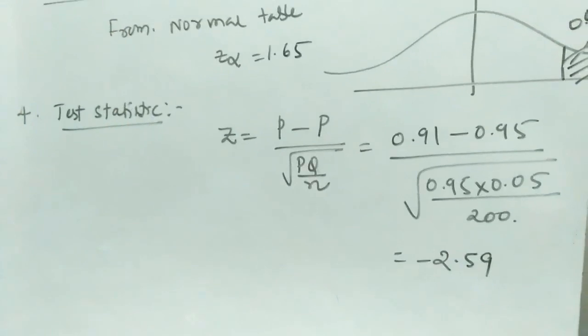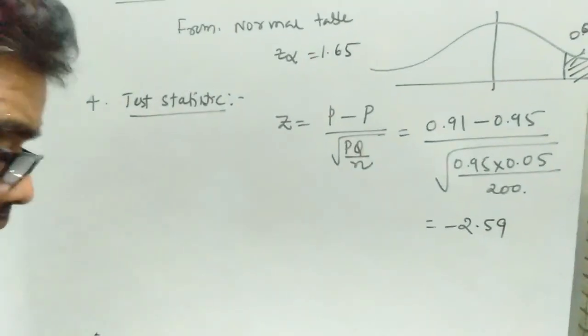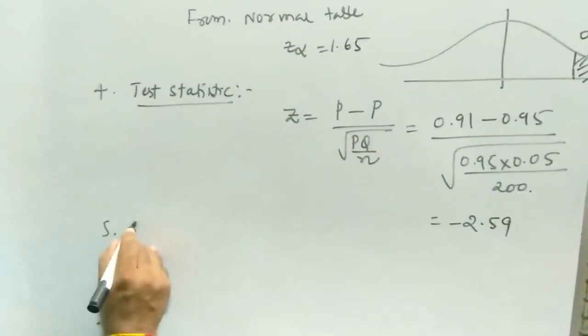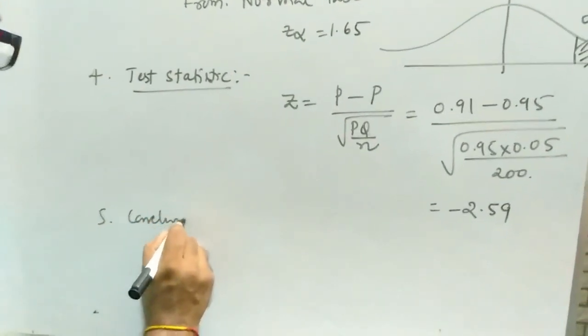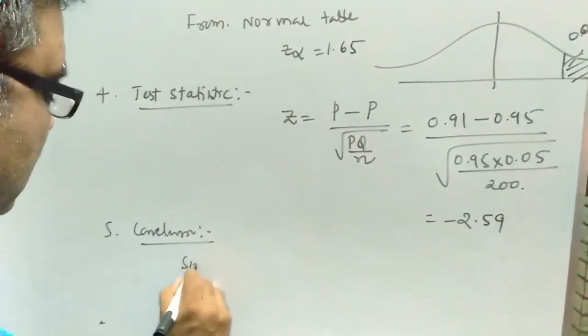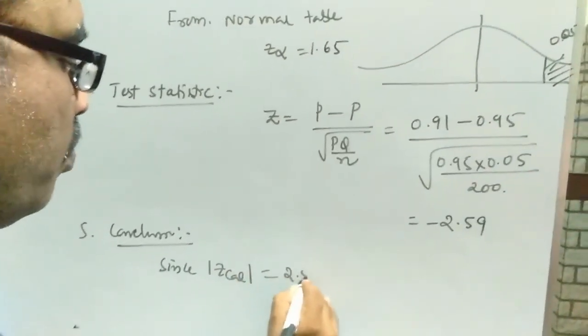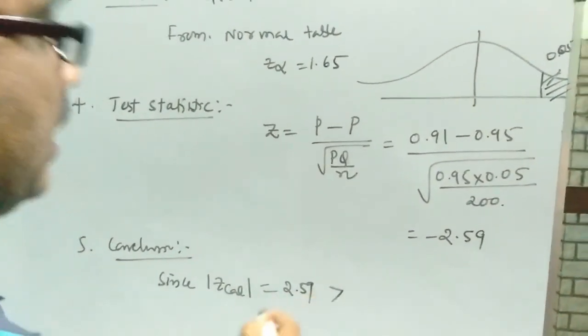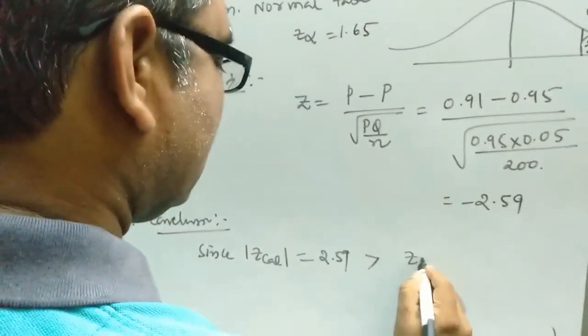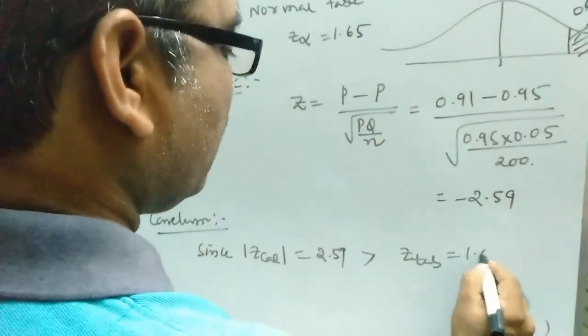The Z value may be negative or positive, but in the conclusion part we consider mod Z calculated value. Since mod Z calculated value, 2.59, is greater than Z tabulated value 1.65.